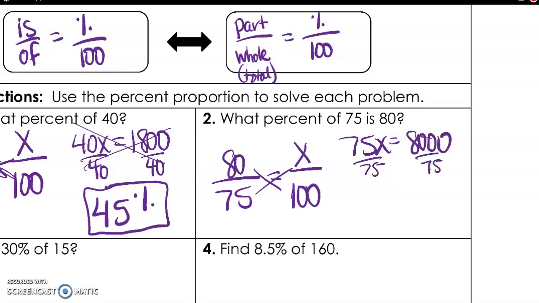You get 106.6 repeating, so let's leave it as 106.6 repeating percent. If you want to change it to 106 2/3%, you can do that as well. So either leave it as 6 repeating or change it to the 2/3.